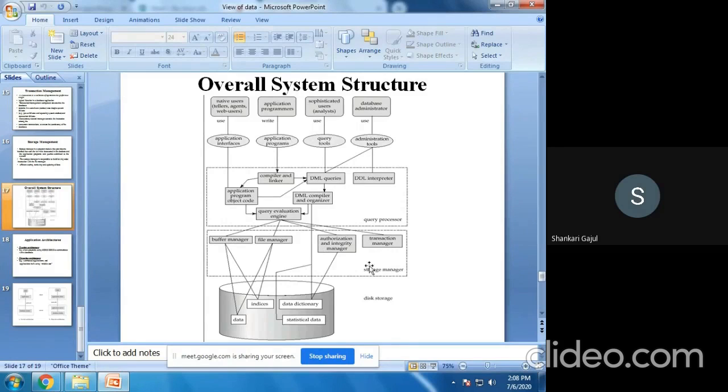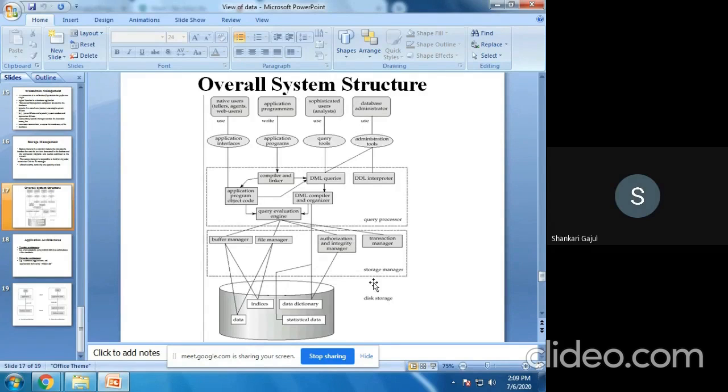First is authorization. What do you mean by authorization? The storage manager checks the authority of users to access the data. Who will access the data is checked by the storage manager, and an unauthorized user cannot access it.